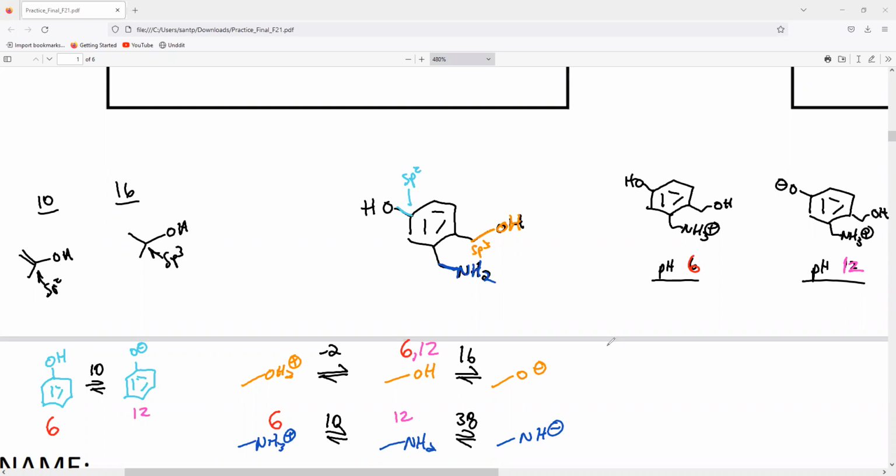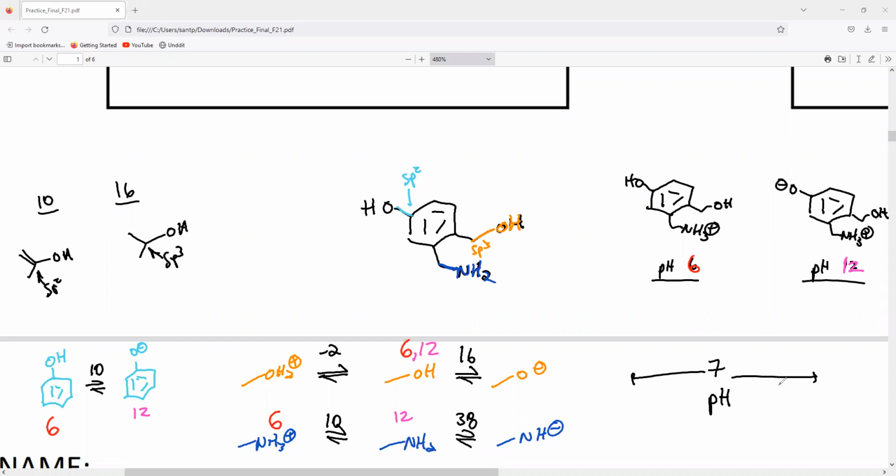What's really the basis of this idea is that 6 and 12, we always learn everything with respect to water, right? Where on a pH scale, 7 is like the neutral point, and then we have acidic and basic pHs. But remember that pKa is like the neutral point of that particular group.